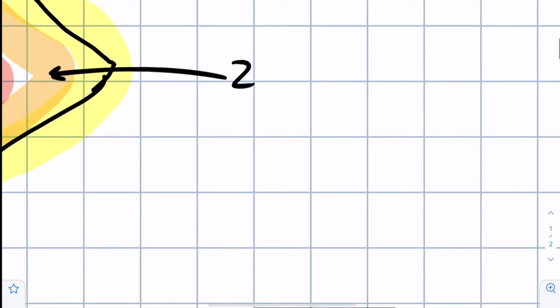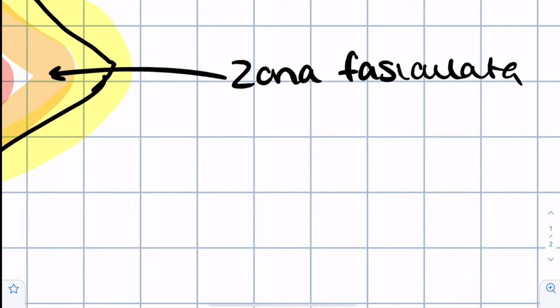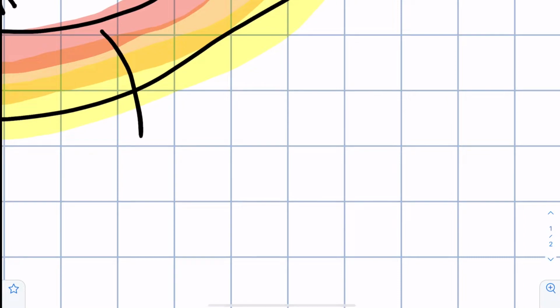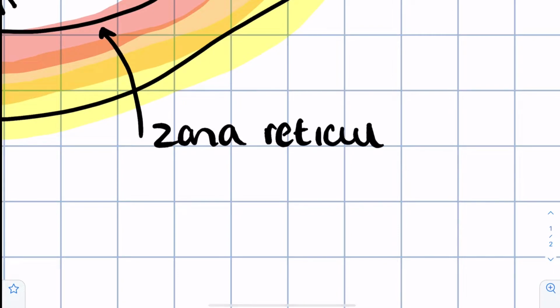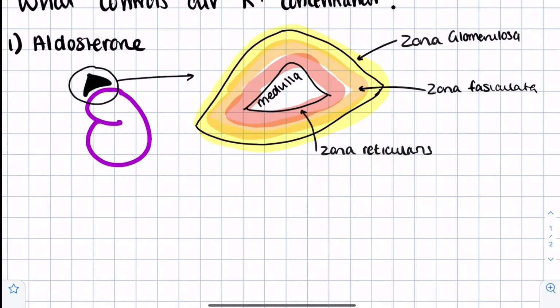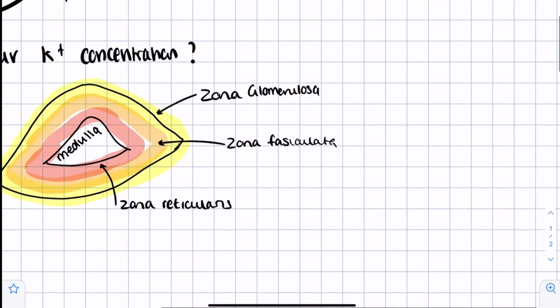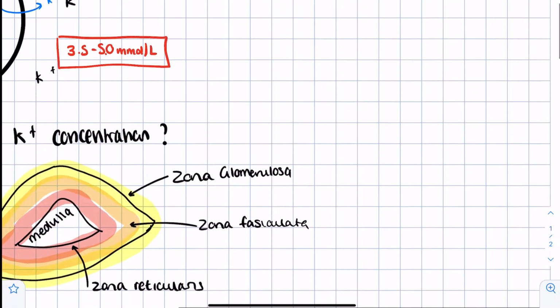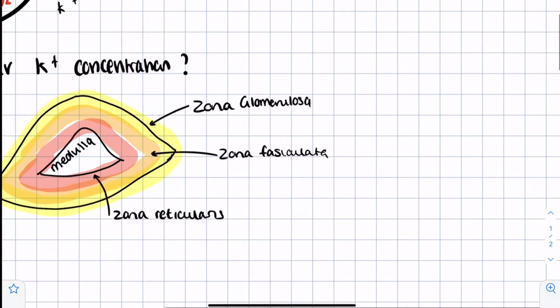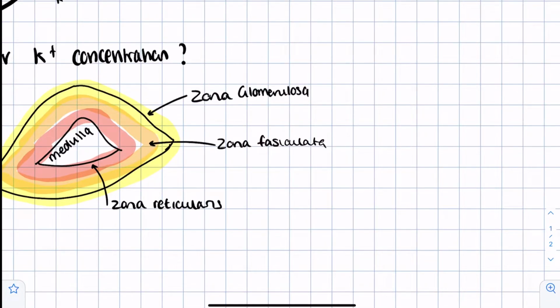Okay, the middle layer is the zona fasciculata, and the inner layer is the zona reticularis. Okay, so those are our 3 layers of the cortex, which can be memorized really by GFR.